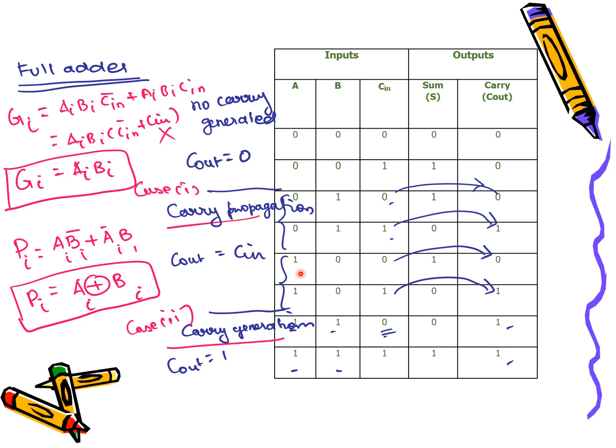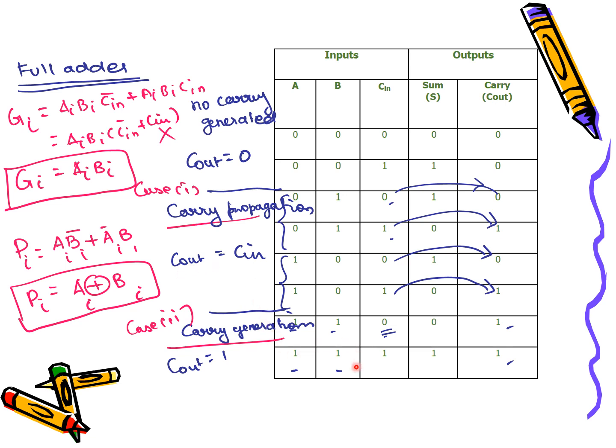It is the same when A is 1 and B is 0. I call this case carry propagation. The previous carry is getting propagated out, so generally Cout is equal to Cin.